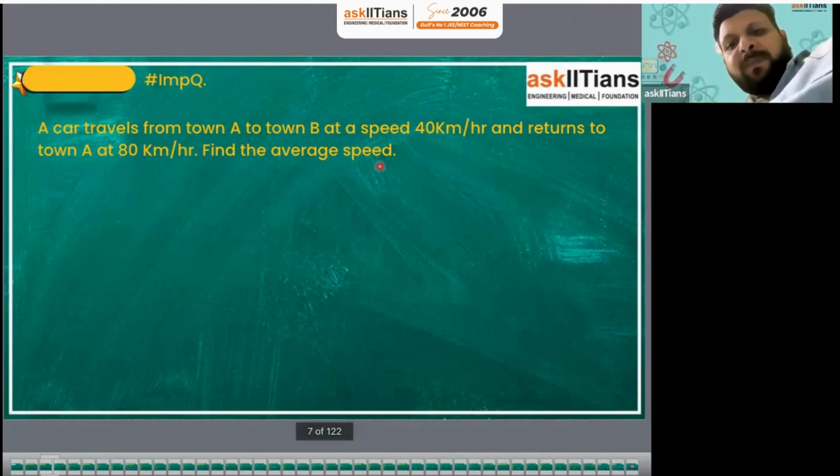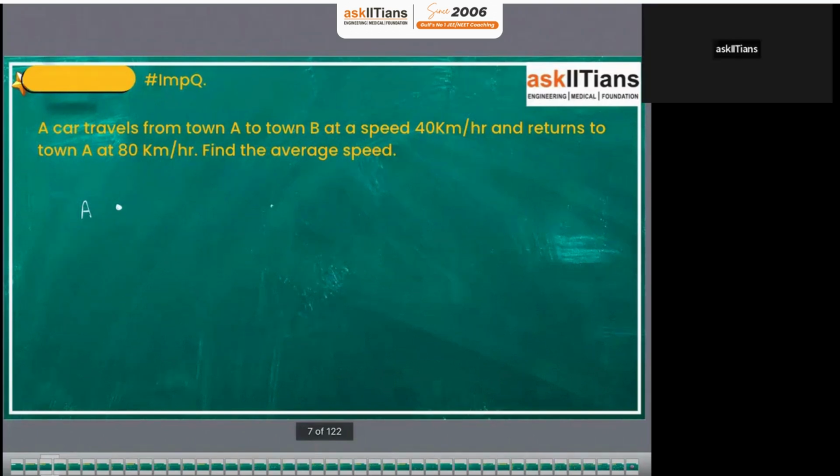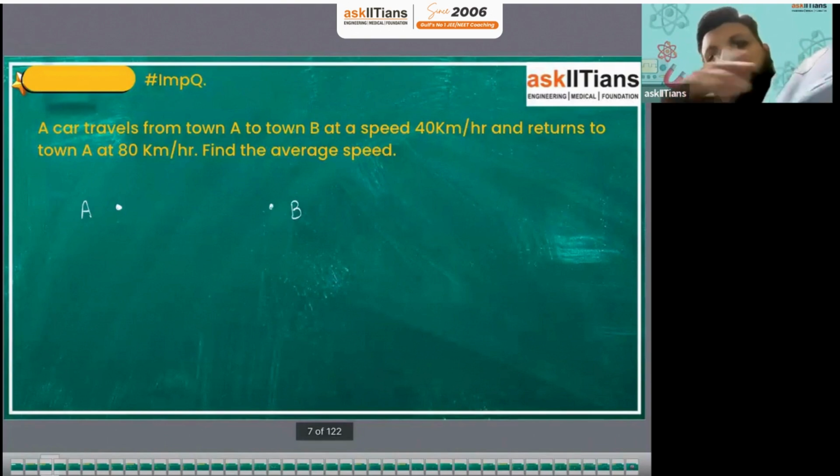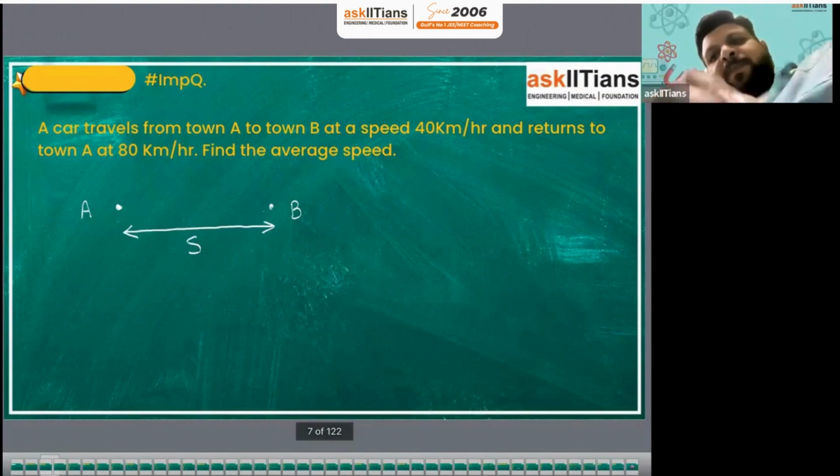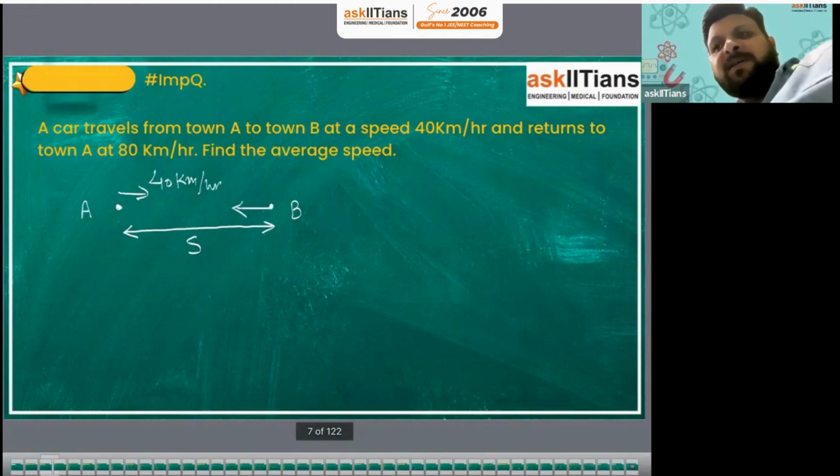Suppose here is town A, and at a certain distance there is town B. From town A to town B, the distance is S. A to B, its speed is 40 km per hour, and while returning, its speed is 80 km per hour. You have to find out the average speed.